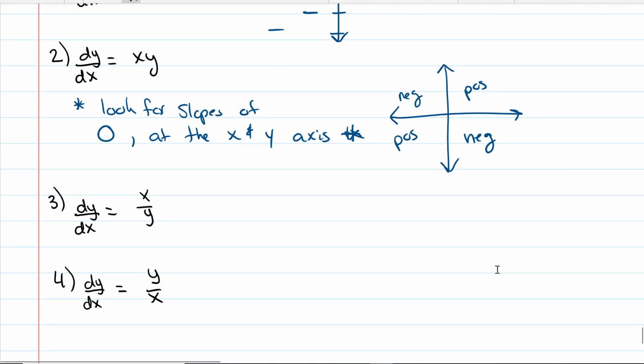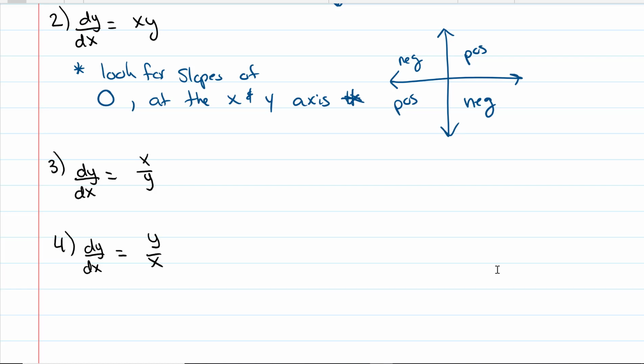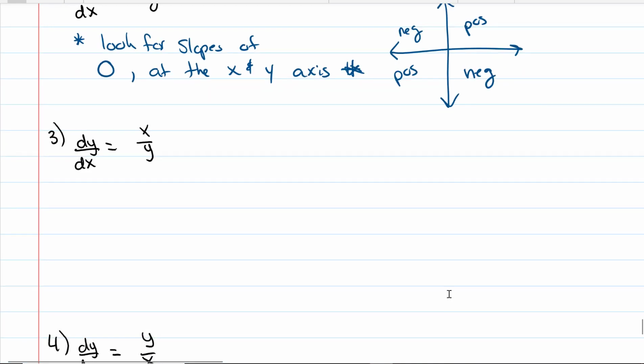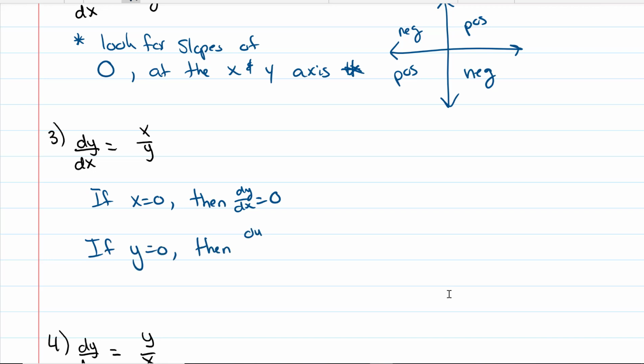And if you look at a graph, you'll notice that these are positive, these are negative, these are positive, and these are negative. Now let's look at x divided by y. Right off the bat, we know that if x equals 0, then dy/dx is equal to 0. If y is equal to 0, then dy/dx is undefined.